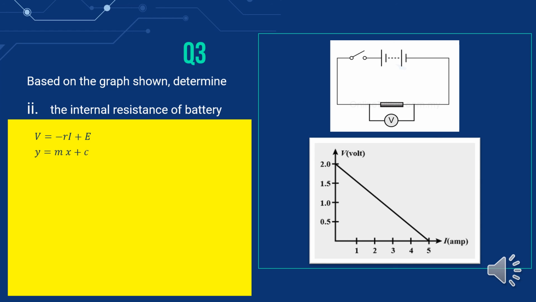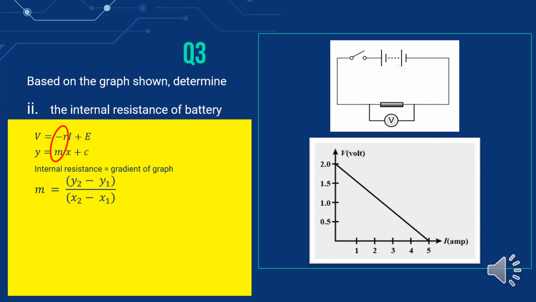When we compare it to the equation of a straight line, y is equal to mx plus c, we can see that the internal resistance of the battery is equivalent to the gradient of the graph. What is the formula for the gradient of a graph? It is m is equal to y2 minus y1 divided by x2 minus x1.